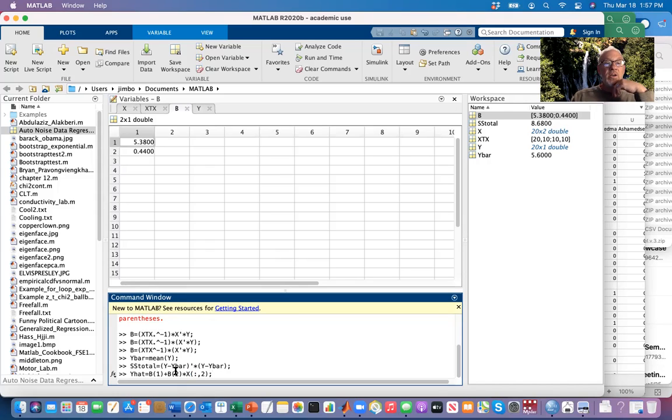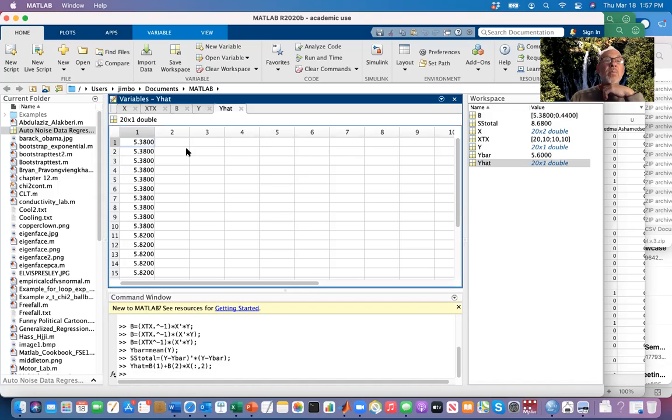What this is saying is that this is our intercept, our beta matrix B here. That's our intercept. This is our slope, that's the 0.44 here, times the values in our data in our X file. Remember, the first column is ones, so the data is actually in column 2. So I get y hat. These are all my predicted values, and you'll notice the mean of the predicted values are the mean of the control group and the mean of the experimental group, just like we said before.